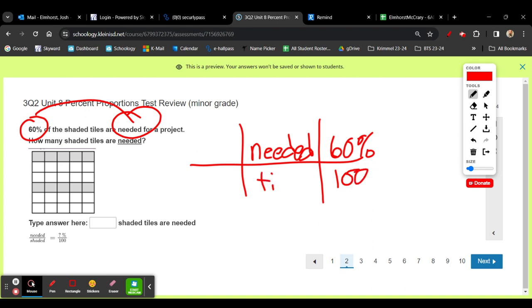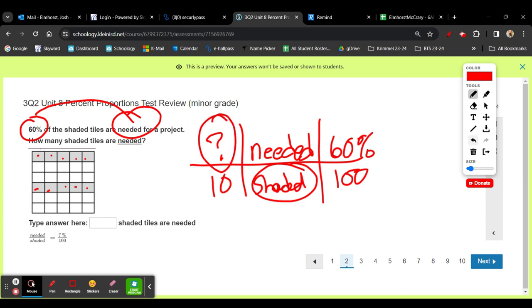And it's 60% of, so that's actually out of shaded. We only need 60% of the shaded. So we count 1, 2, 3, 4, 5, 6, 7, 8, 9, 10. So there's 10 shaded. So it's saying 60% of the 10.